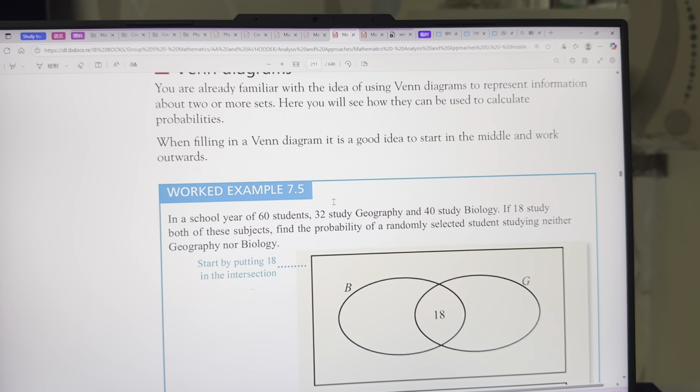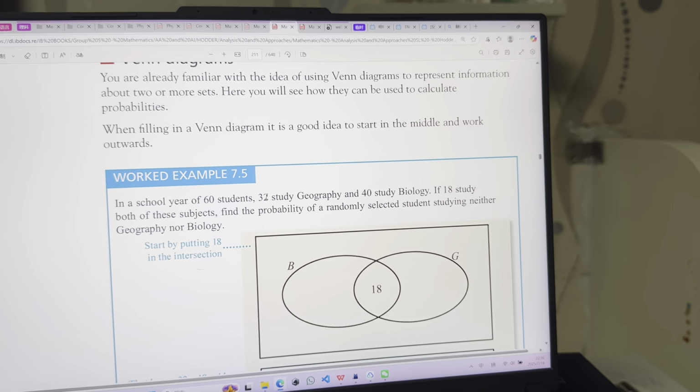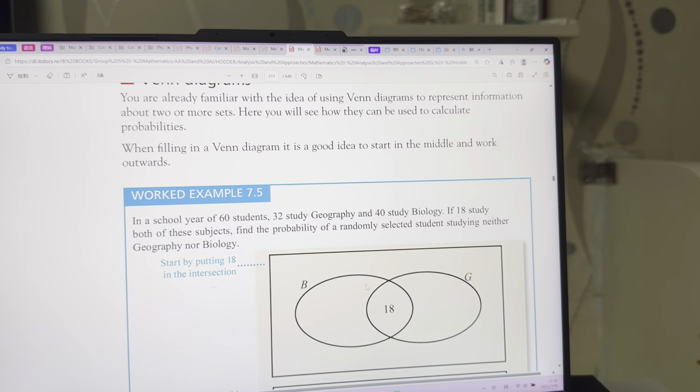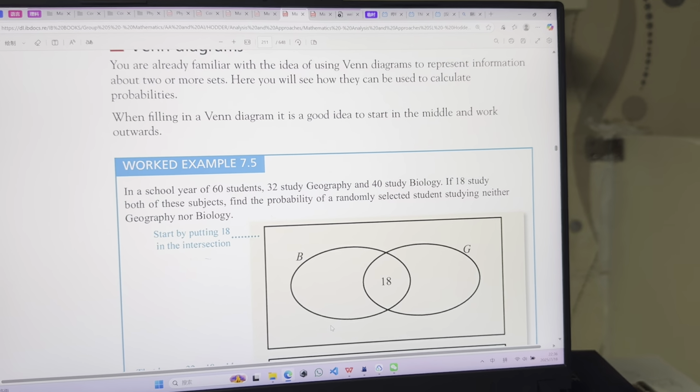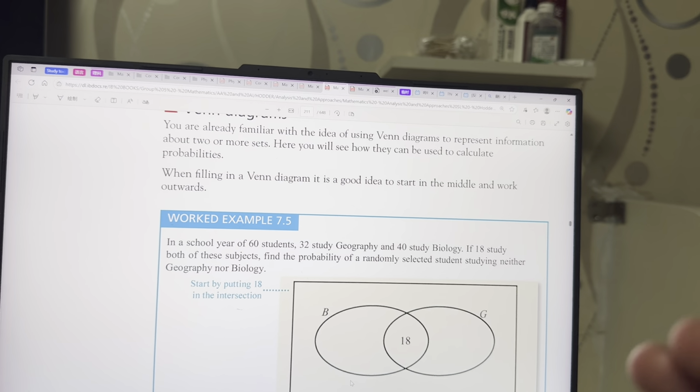It means some of them may also study biology. We know 18 students study both, and in total 32 study geography, no matter whether they also study biology.